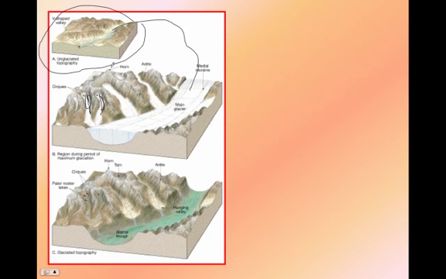A horn is a three-sided peak, and an arête is a ridge. Here's the main glacier, and so here's what results. And you can see the glacial trough, which is the tilling and the making of a U-shaped valley.